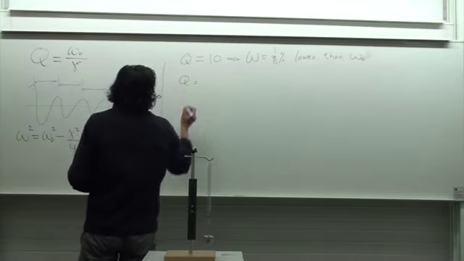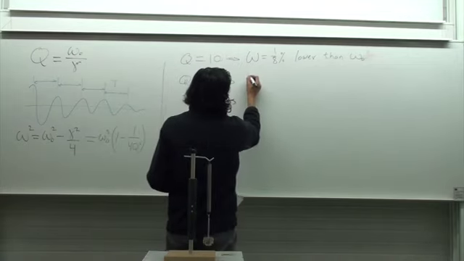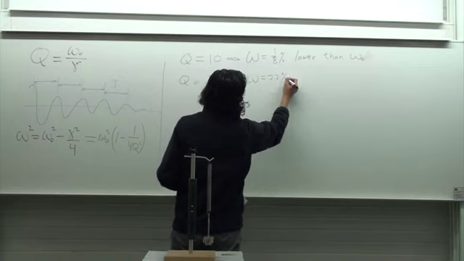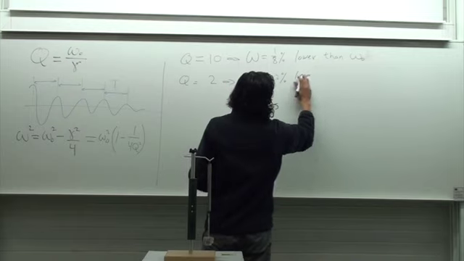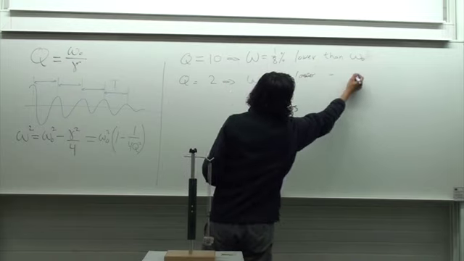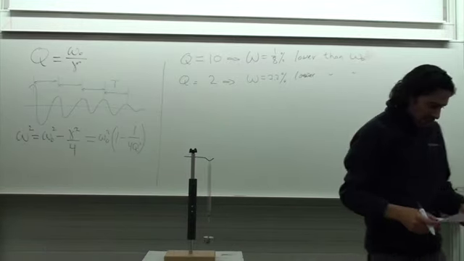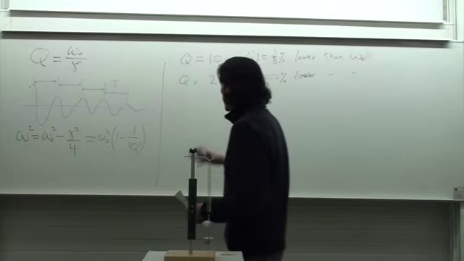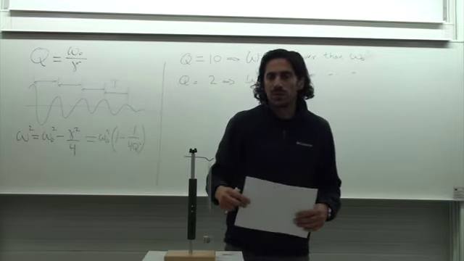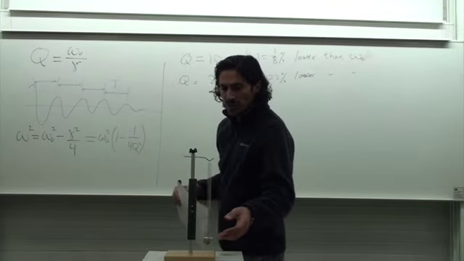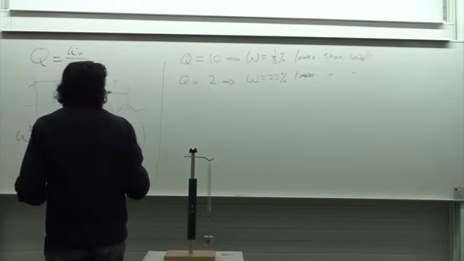And if Q is 2, that would give an omega which is 3.2% lower than omega 0. Alright, so we don't really need to have a Q factor which is terribly large in order to talk about efficient systems. Now this spring is still moving all this time.